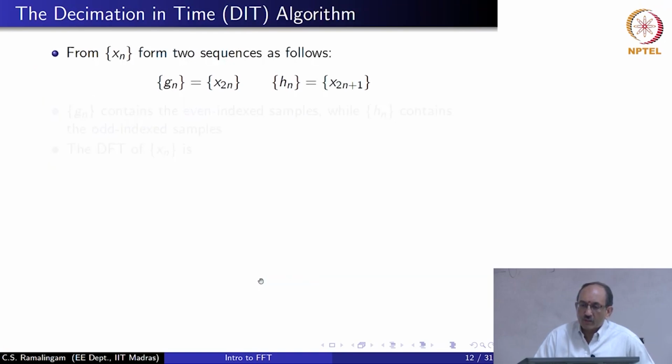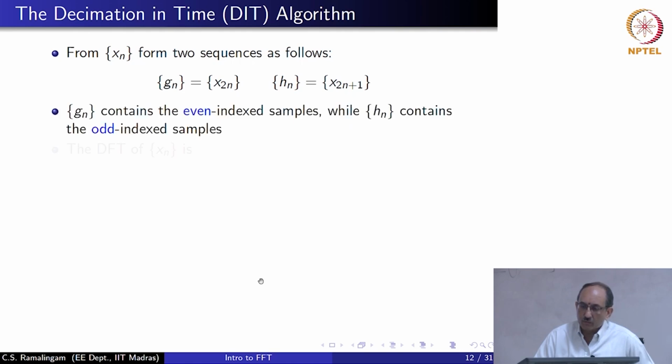So, we look at the decimation in time. Given the sequence x[n], we form two subsequences. We form the sequences g and h, where g is formed from the even indices of the original sequence, and h is the sequence formed by the odd indices, 2n and 2n plus 1. Now, let us look at the DFT of the original sequence.